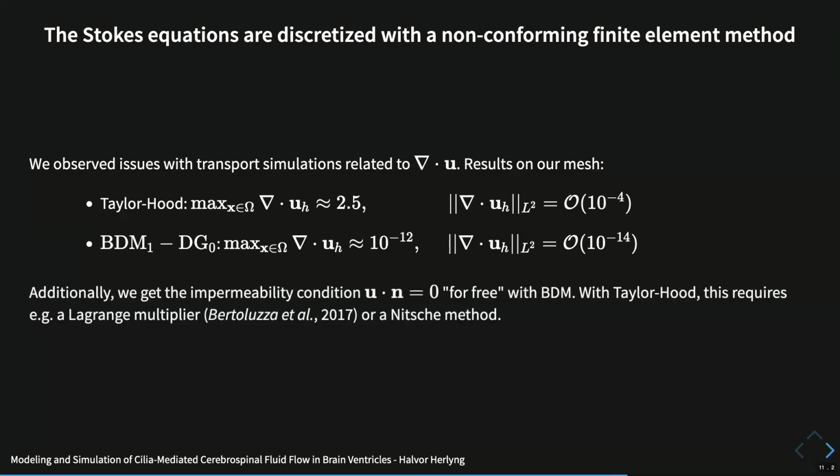Also, when implementing this slip boundary condition, you get normal velocity equal to 0 for free, because the BDM elements have their degrees of freedom associated with integral moments of the normal component of your variable. Whereas with Taylor-Hood, you would have to do something more fancy with, for example, a Lagrange multiplier or a Nitsche method.